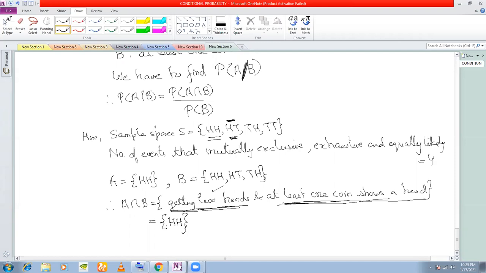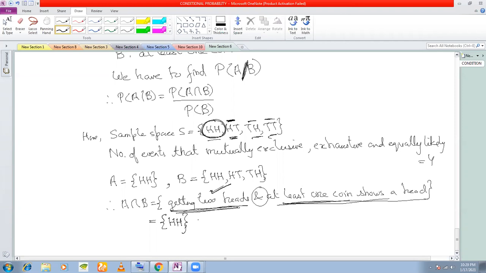It will not satisfy. That means both have to be satisfied together, right? Because there's an "and" here. If I take TH, will it satisfy this condition? It will not. If I take TT, will it satisfy this condition? Obviously not. So this is the only event that satisfies both the conditions.